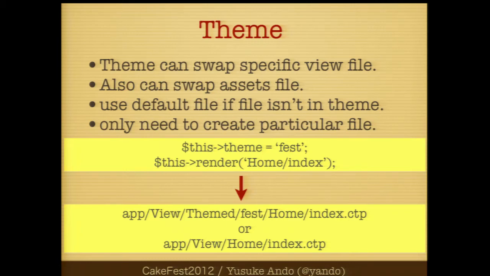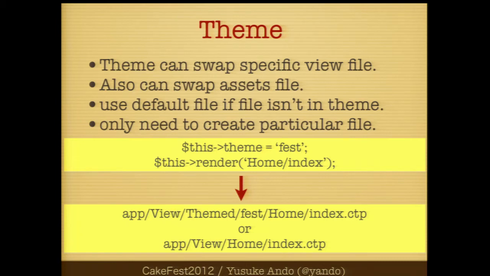If you call a render method from a controller, like home index, it means render the app view home/index.ctp. But once you enable a theme, the controller will look under the theme directory first, and if there is no file, then find the file in the default place.